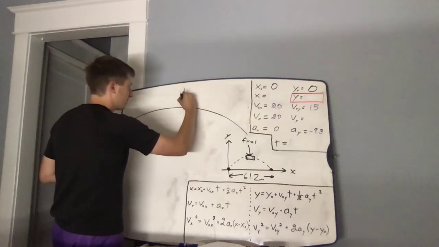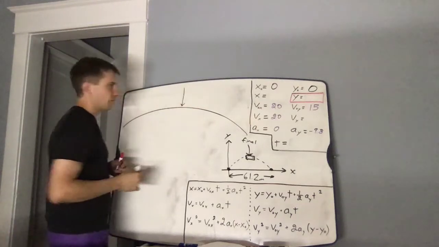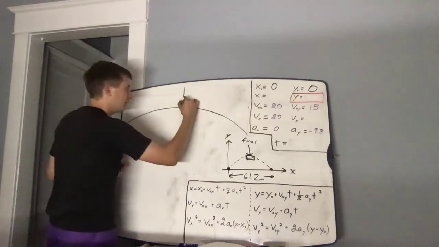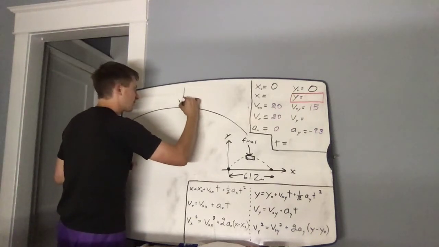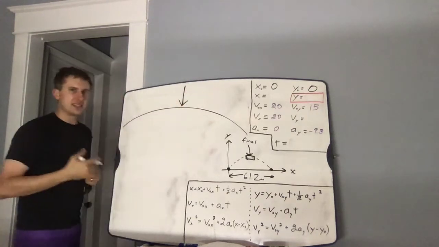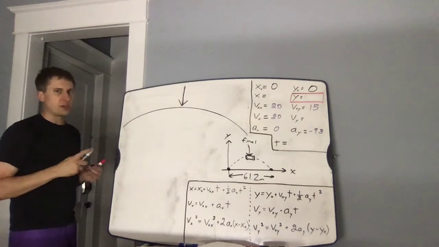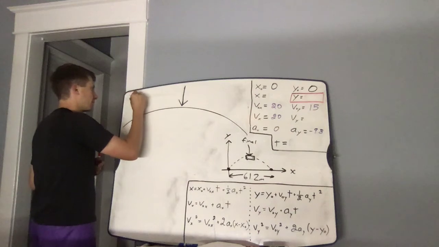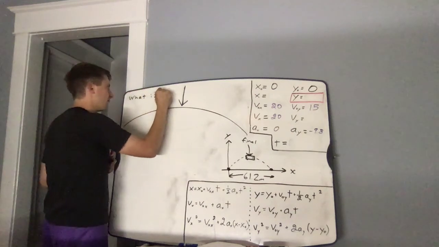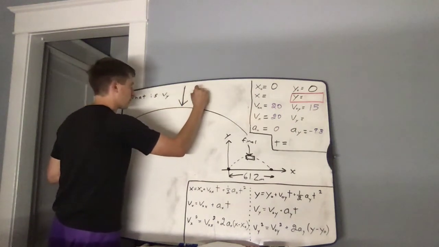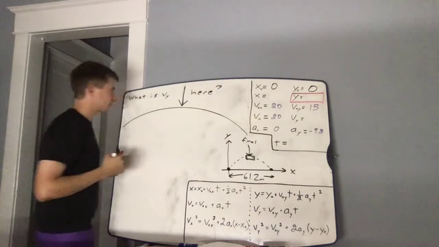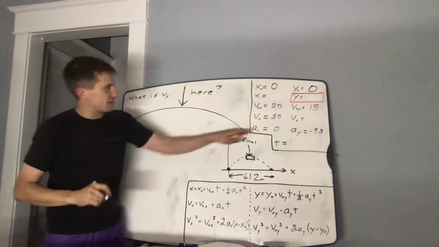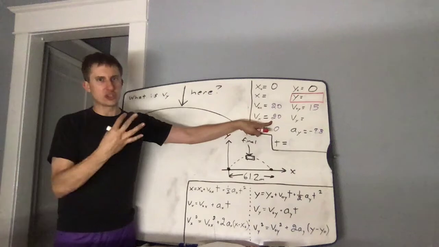The top of the arc is right there. Now, we wanted to ask, what is the velocity of the ball right here? So what is Vy here? We know Vx is going to be 20. It is always going to be 20.